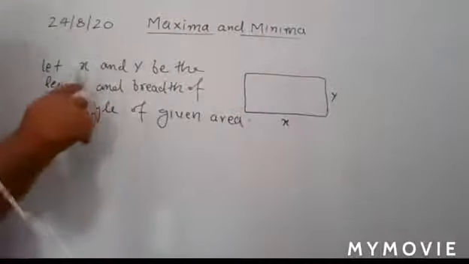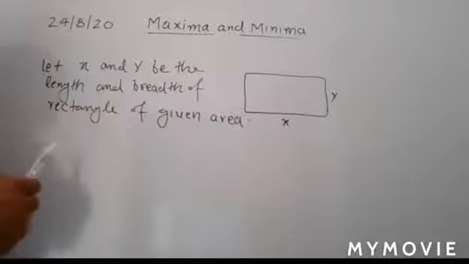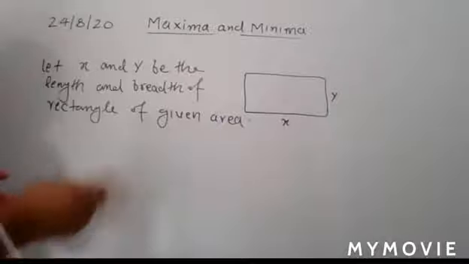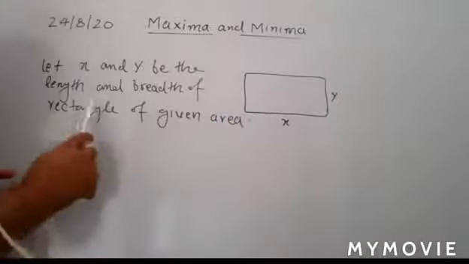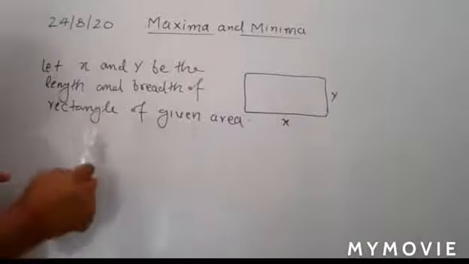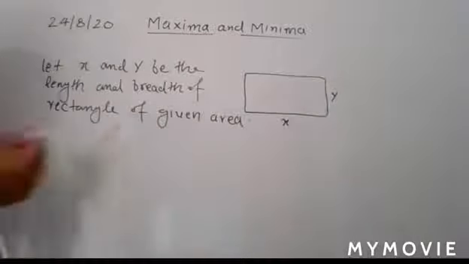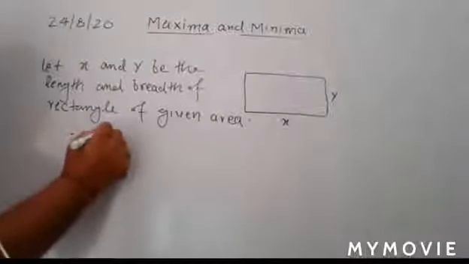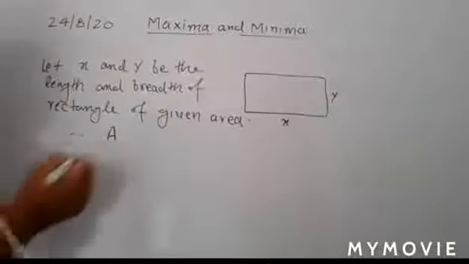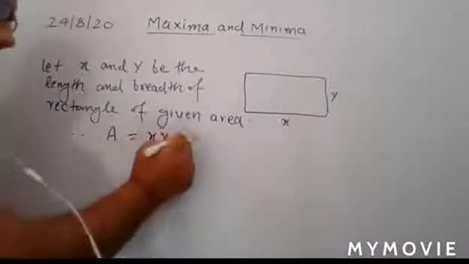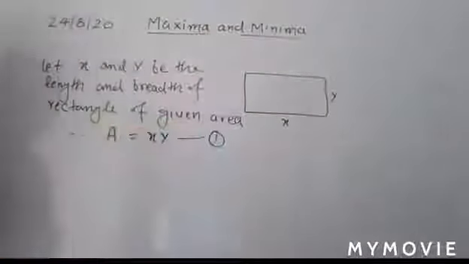You have to mention here the quantity which is given. If you assume the variables here, then some quantity is given in your question, and you have to mention it. Here the area of this rectangle is already given. So suppose the area of the rectangle is given as a, so a is equal to xy. This is your first equation.